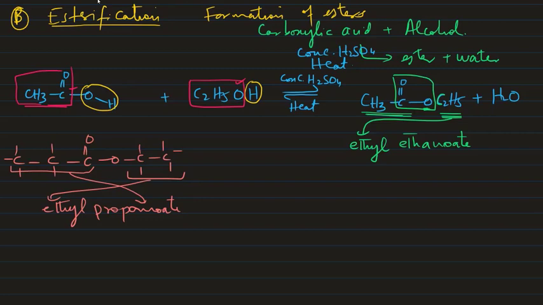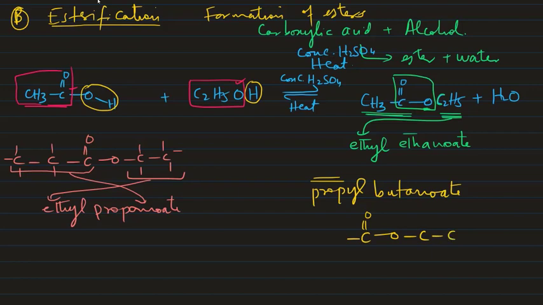Now let's say we are given the name of some ester. For example, they say propyl butanoate. We have to make this structure. Propyl is a 3 carbon alkyl. So first of all, make this structure. Then propyl is the alcohol part, that will make it over here.